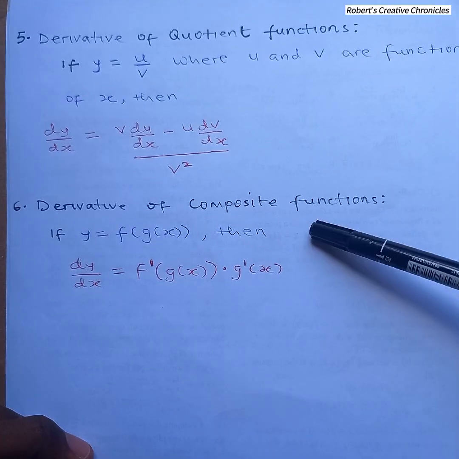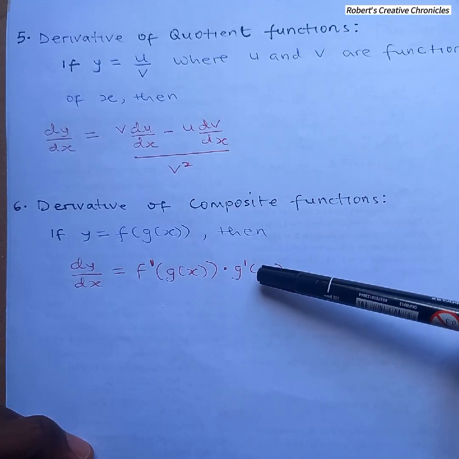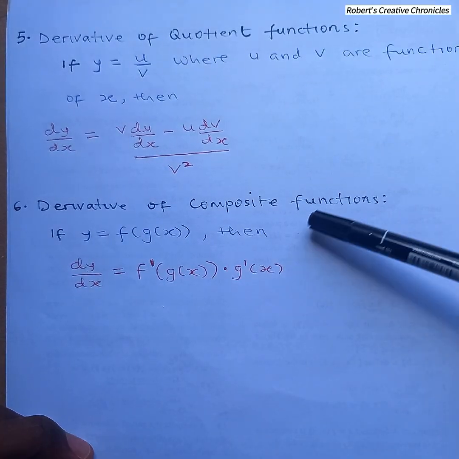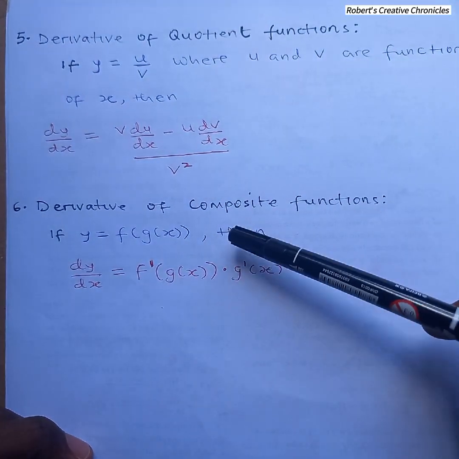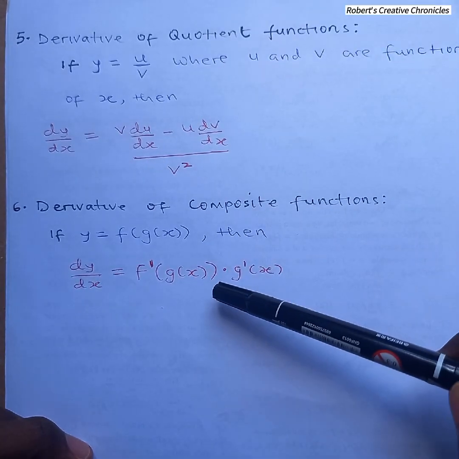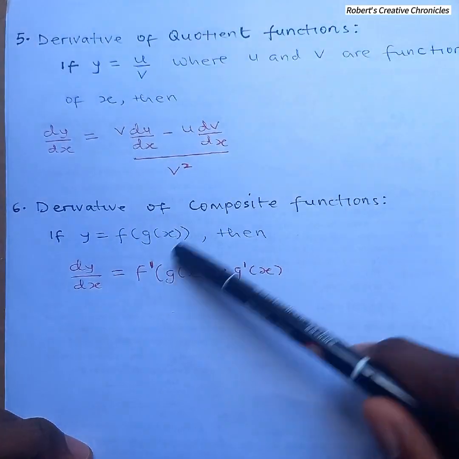This kind of function, you have to differentiate the outside function, which is sine, and you have to differentiate the inside function, which is 3x, before you multiply them. These are composite functions. So this is how you differentiate a composite function using this method.